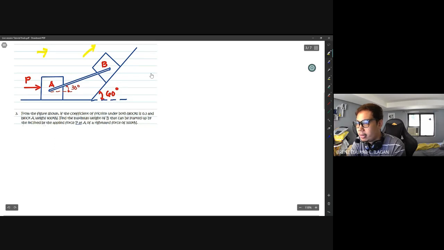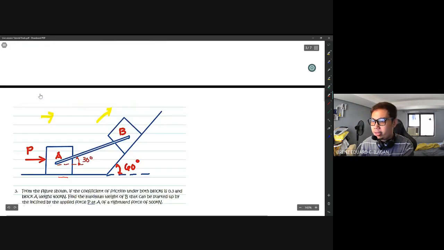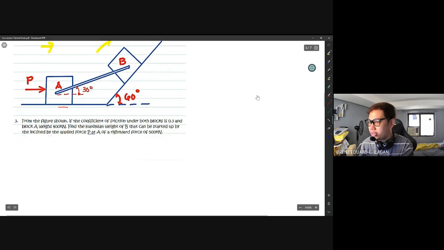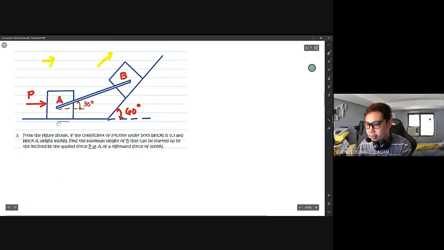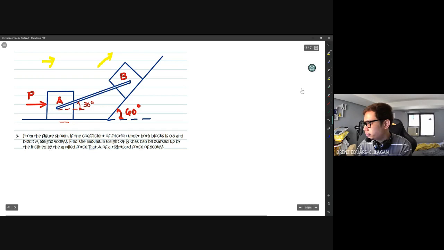We need this to know the direction of the frictional forces. As defined, the frictional force is always opposite the motion or the tendency of the system to move. So if it moves to the right, the frictional force opposes it.